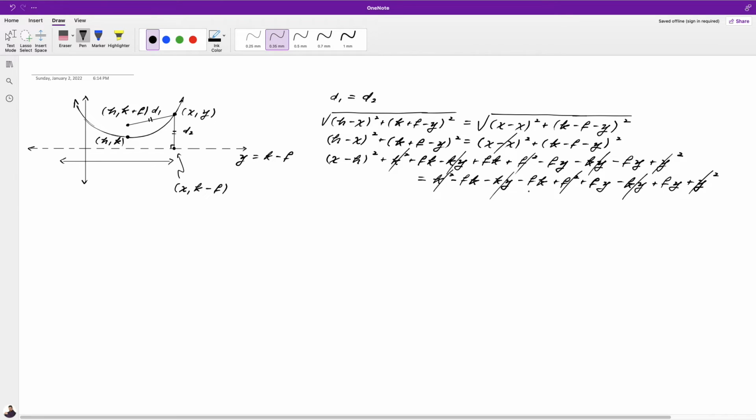So the left-hand side is going to give us x minus h quantity squared. Here we've got fk and fk that will combine to make 2fk. But I can actually add an fk 2 times from the right-hand side over to get plus 4fk. So we've accounted for those terms there.